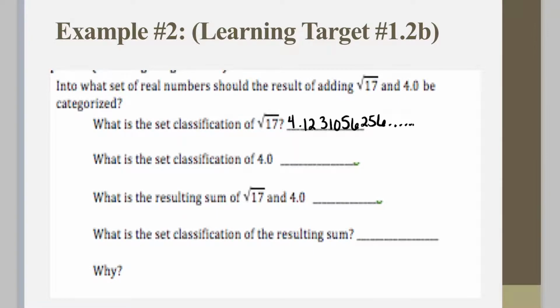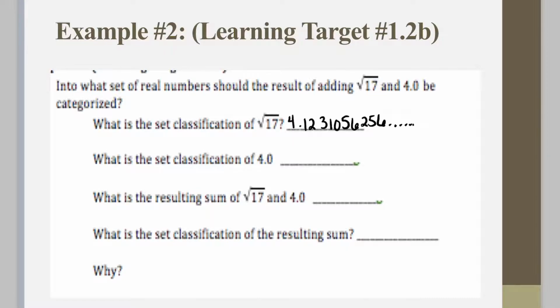Now, thinking about the definitions of each, a rational number is a decimal that either repeats or terminates. And so looking at the decimal form of the square root of 17, we realize that it does not terminate, it goes on forever, and there is no discernible repetition or repeatable pattern within the decimal.